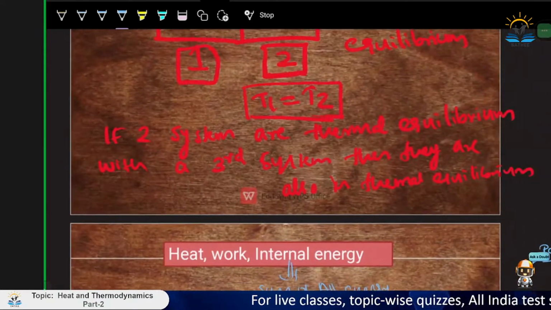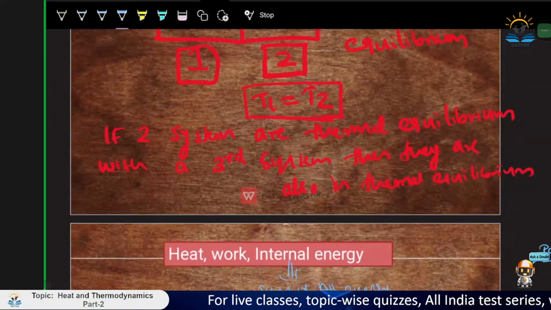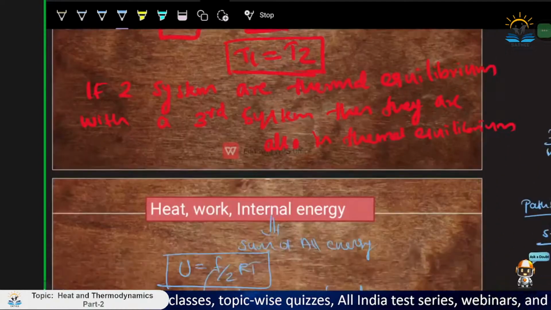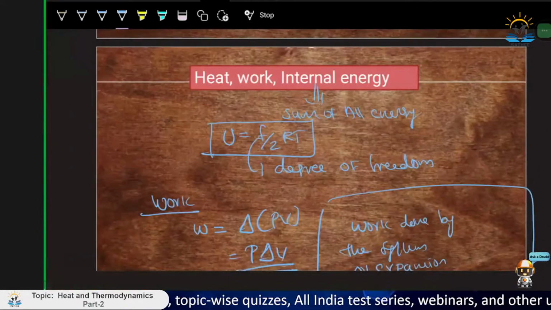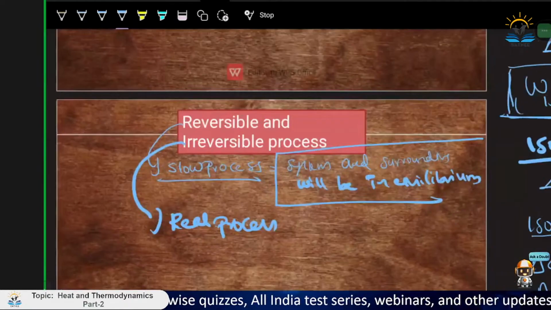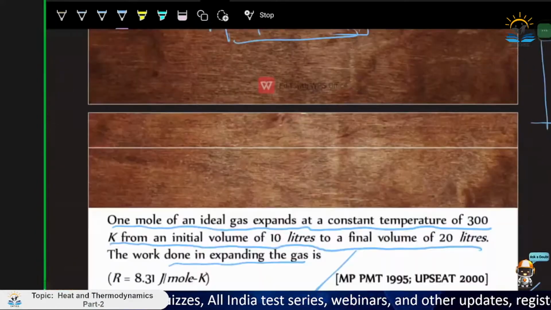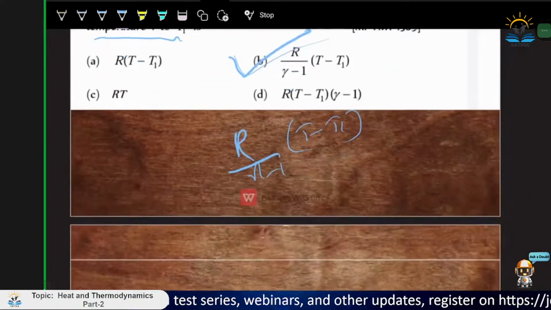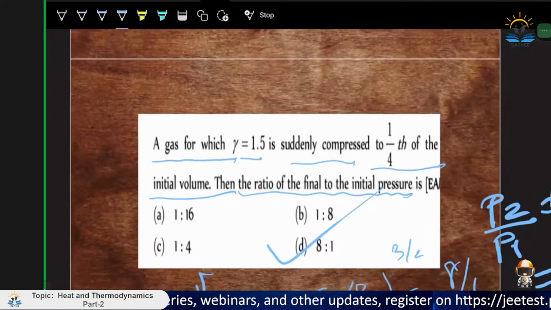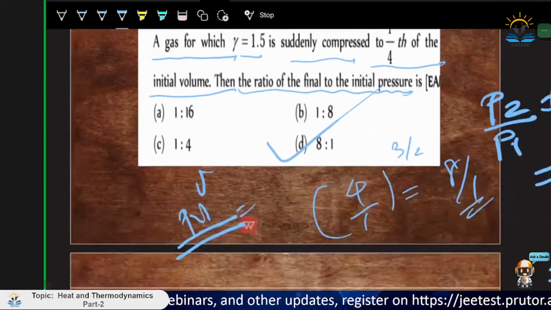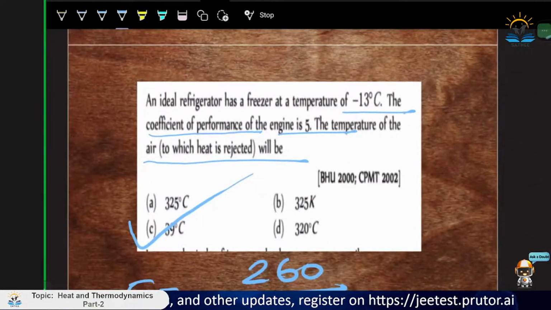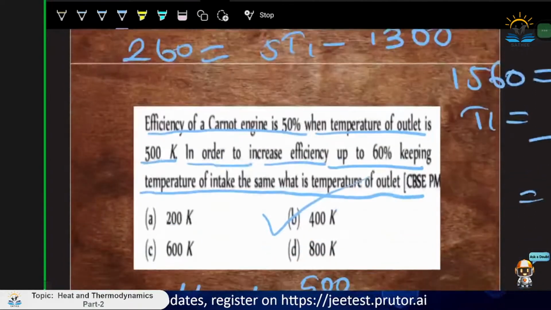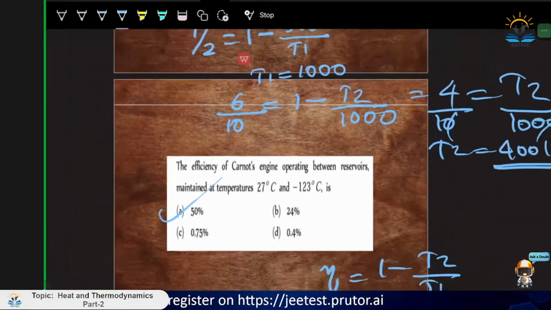The 4 processes in a Carnot engine are isothermal expansion, adiabatic expansion, isothermal compression, adiabatic compression. We should know all those things. We also saw work in isothermal and adiabatic processes, the relation P V raised to gamma is a constant, heat engine, refrigerator, and the relation between beta and eta.